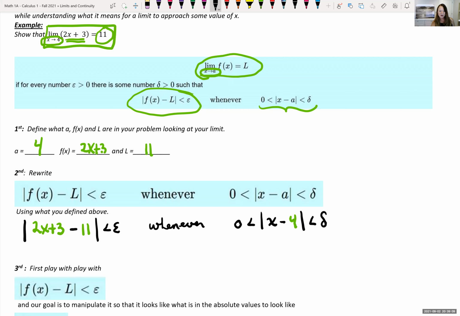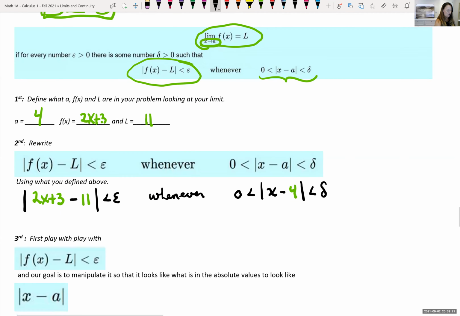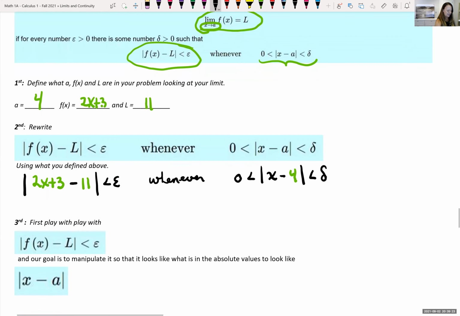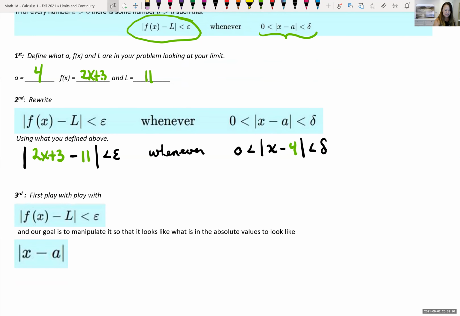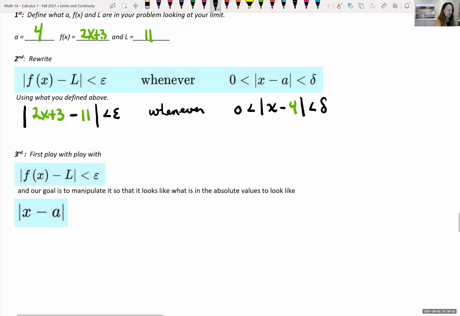Okay, so this is where we're going to use that trick I was showing you in that first example. So we're going to first play with this f of x minus L, that absolute value is less than epsilon. And our goal is to manipulate that to look like what's inside the absolute value of x minus 4, in our case, x minus a generically.